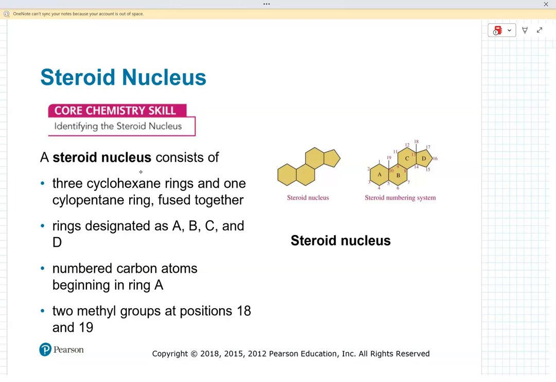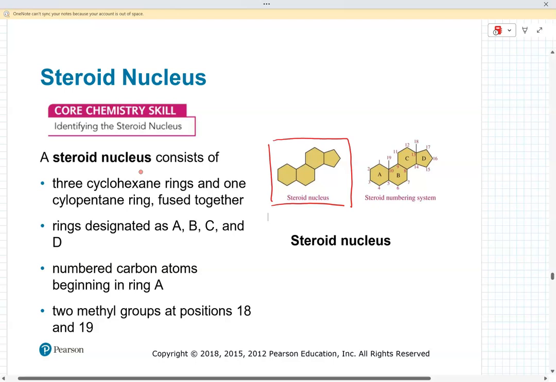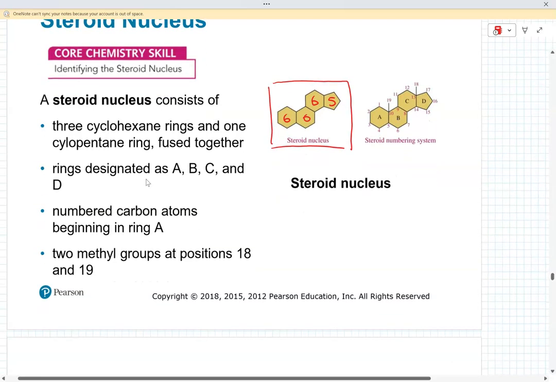Steroid is derived from this nucleus that contains 4 condensed rings. 3 of them, as you can see, are 6-member rings, and 1 is a 5-member ring. You don't need to know the numbering. There won't be questions like number the carbons in those rings.